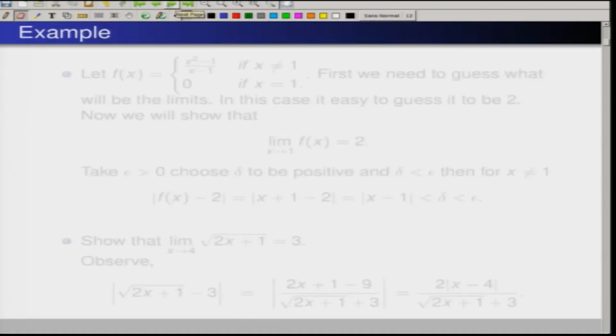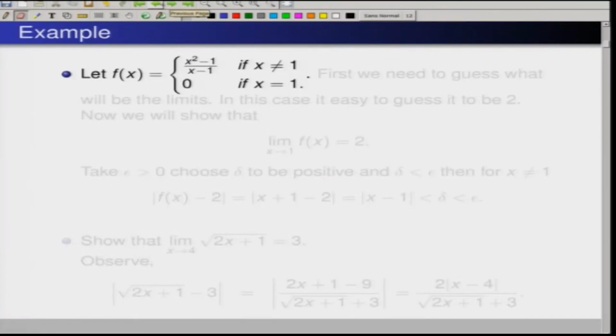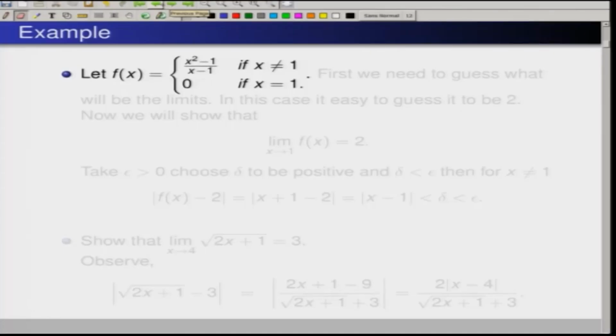Now, let us do some examples. The first example is f of x equal to x square minus 1 by x minus 1 if x is not equal to 1. You see, at x equal to 1 the denominator is 0 for this function. So here we define f of x for x not equal to 1, and we give one value, 0, if x is equal to 1. This is certainly a function.